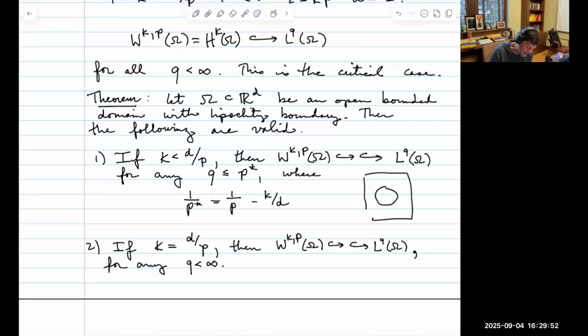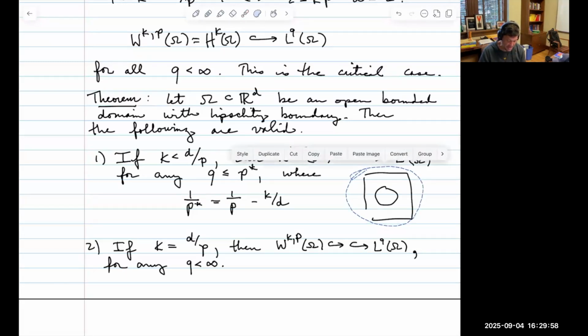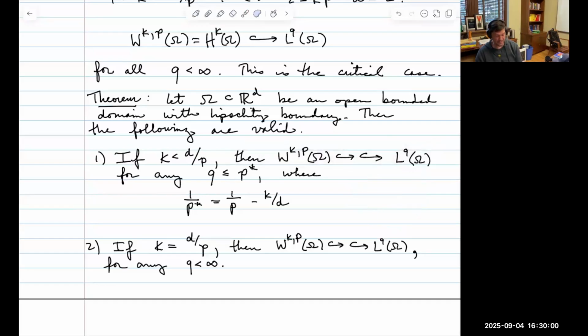And really, it's hard for new students who are learning this concept for the very first time to appreciate how powerful compact embeddings or compact operators are. It turns out that they're extremely important for a lot of stuff we do in not just differential equations, but in applied math more generally.